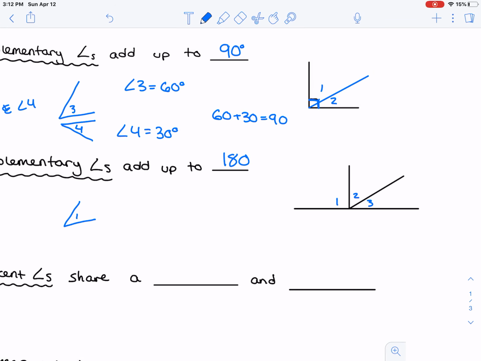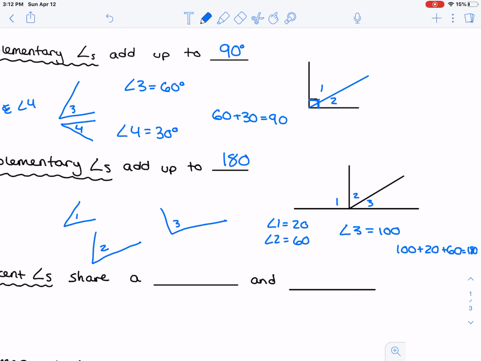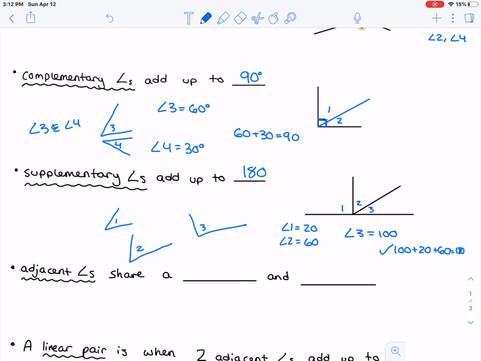Pretend we had angle 1 equal to 20, angle 2 equal to 60, and angle 3 equal to 100. Since 100 plus 20 plus 60 equals 180, those check out, and they would be supplementary, okay?